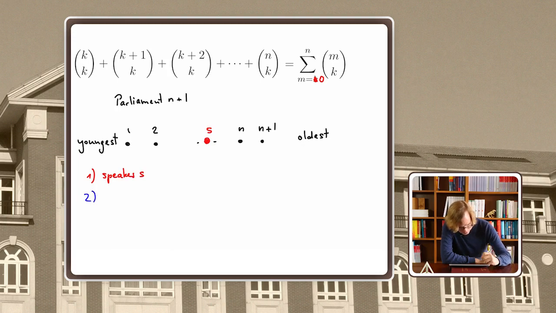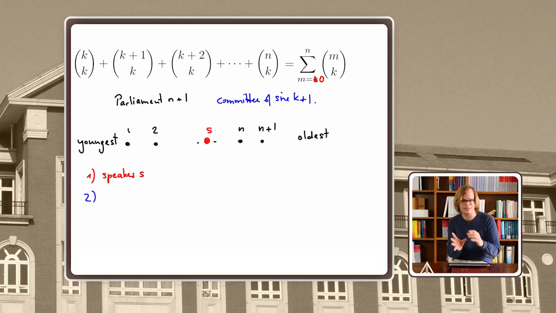So here now we form a committee of size k plus 1. Okay, we have n plus 1 members of parliament and we want to form a committee of size k plus 1. The way we do it, we select a speaker S, and then we select the k remaining members. So we say k more members, but from which set?